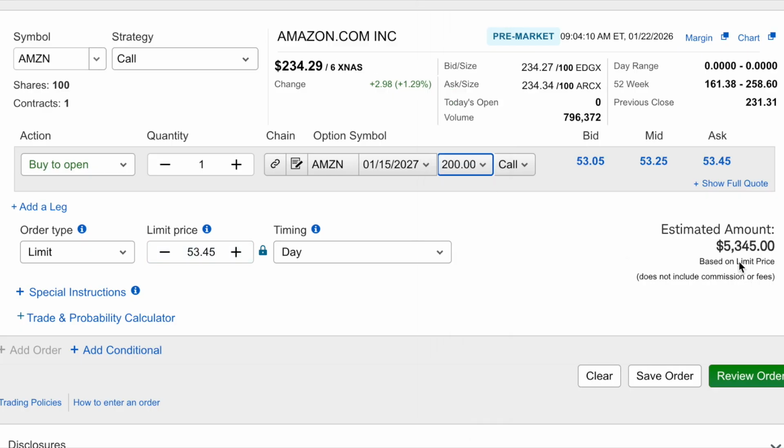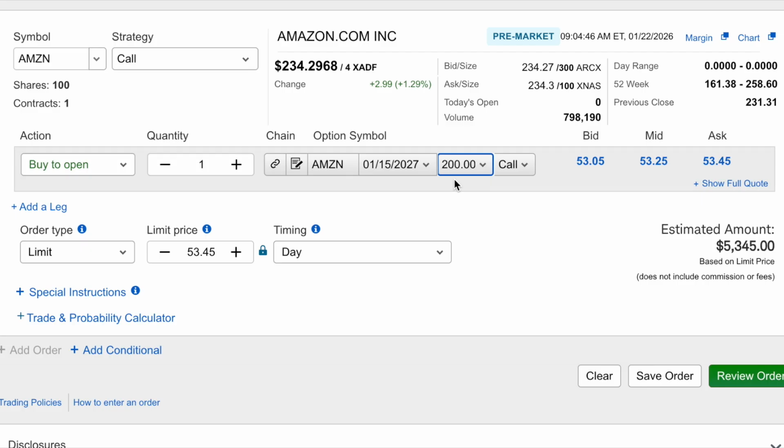Notice how it's going to cost a lot more money to buy this call option, because we're getting the right to buy Amazon for less than what it's currently trading at. So there's already value there. There's some intrinsic value. The intrinsic value is simply the amount the stock is above the strike price. That's intrinsic value. It is said to be in the money.